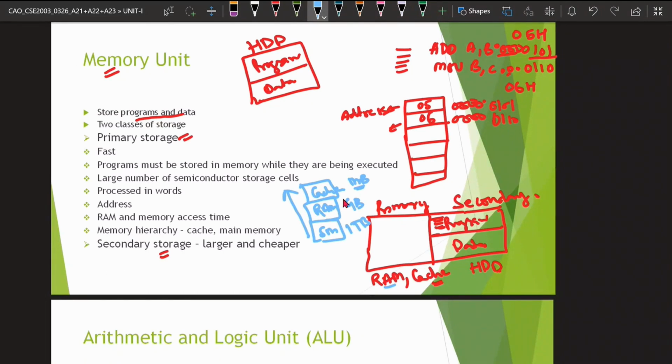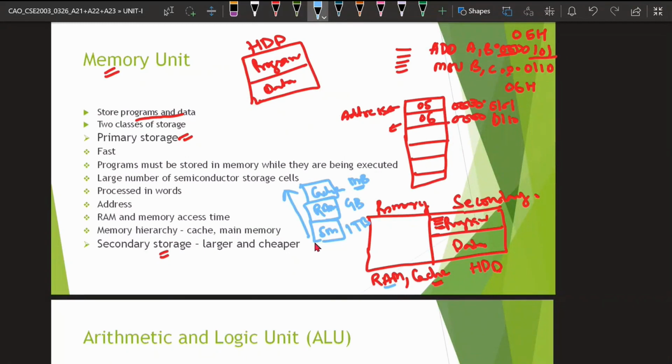To reduce that time delay, we use different types of memory. Very near to the microprocessor, the cache memory is there, which has higher speed comparable to the processor. Similarly, the speed gap between RAM and cache is quite small. Then between RAM and hard disk, there is a much smaller difference.